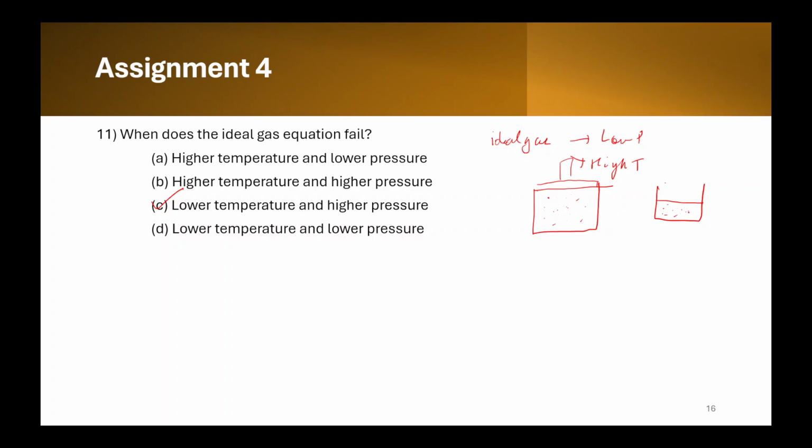It is at a higher pressure condition, and at this point the interparticle interactions become significant. Also, at low temperatures, there is not enough kinetic energy to overcome the interparticle interaction. So interparticle interactions come into play at lower temperature and higher pressure. So ideal gas behavior fails there, and the ideal gas equation doesn't apply. The correct option here is C, lower temperature and higher pressure.